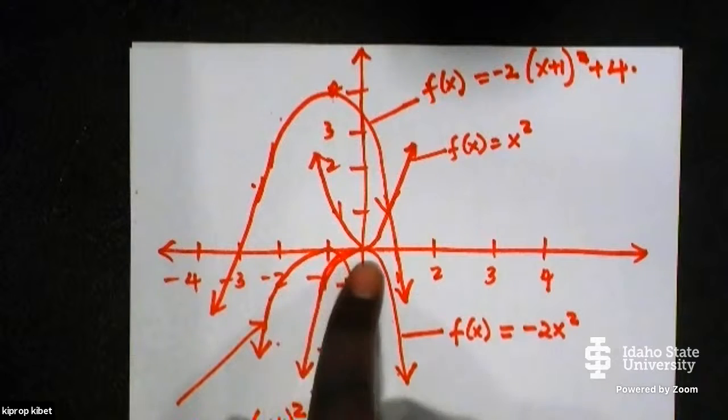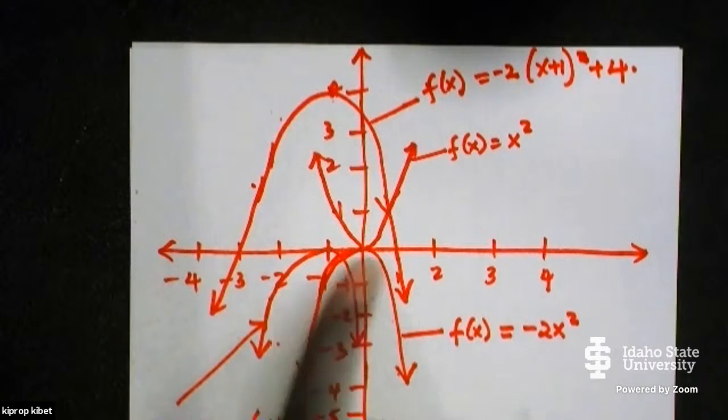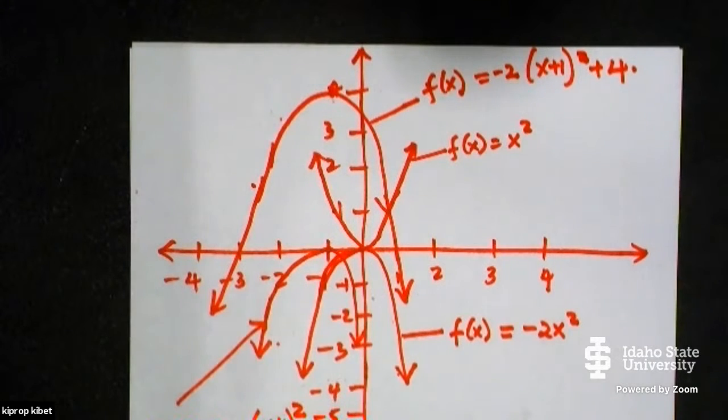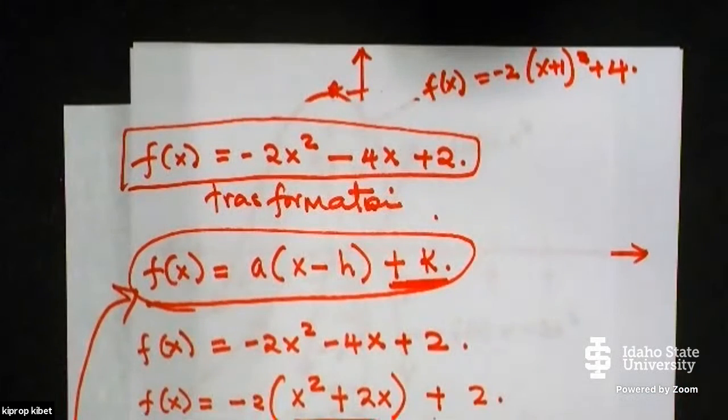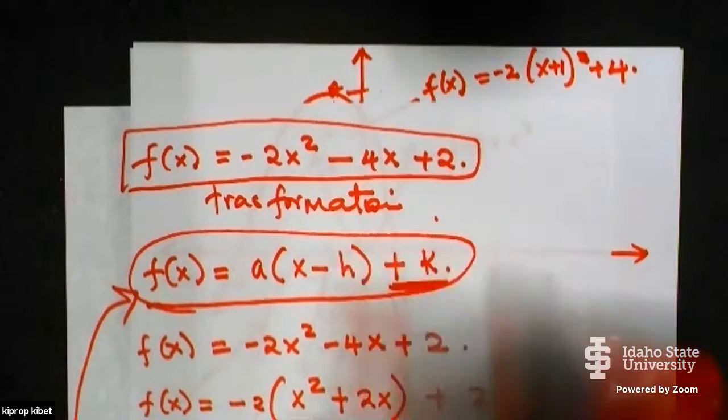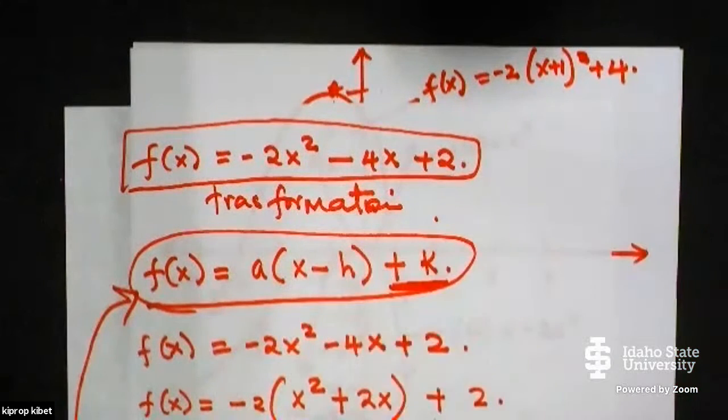So the first transformation is this. You should know if this one was positive here, if this one was negative, okay? So if this one is negative, then you should be able to identify how that will go. So if this one is negative, that means h will be what?